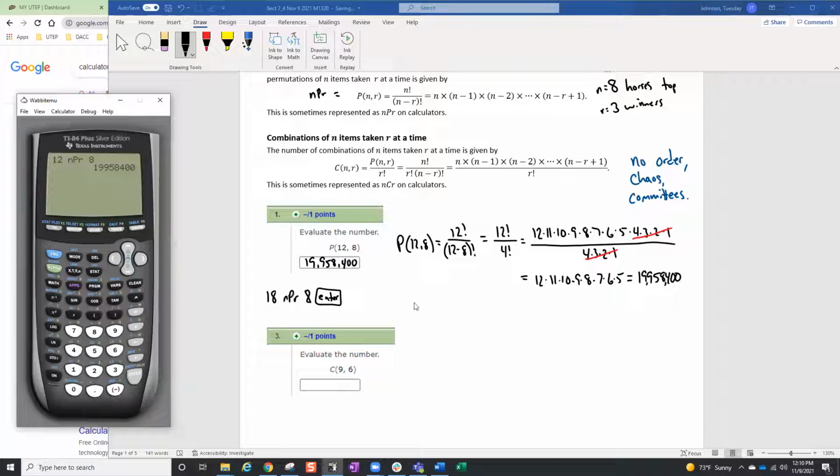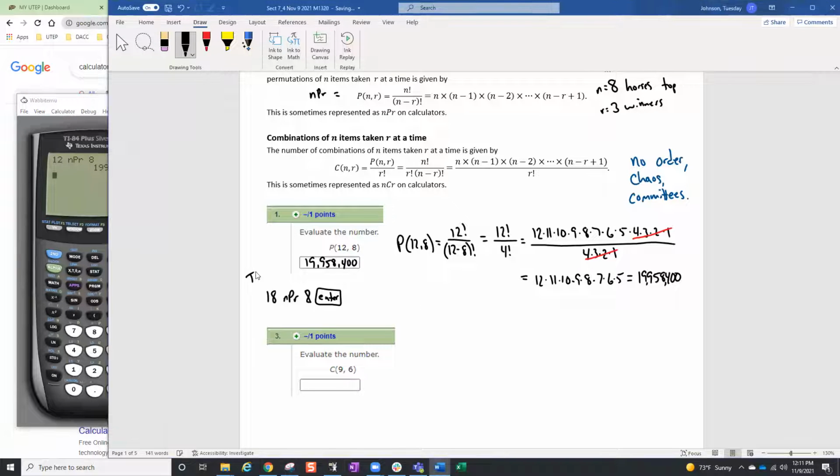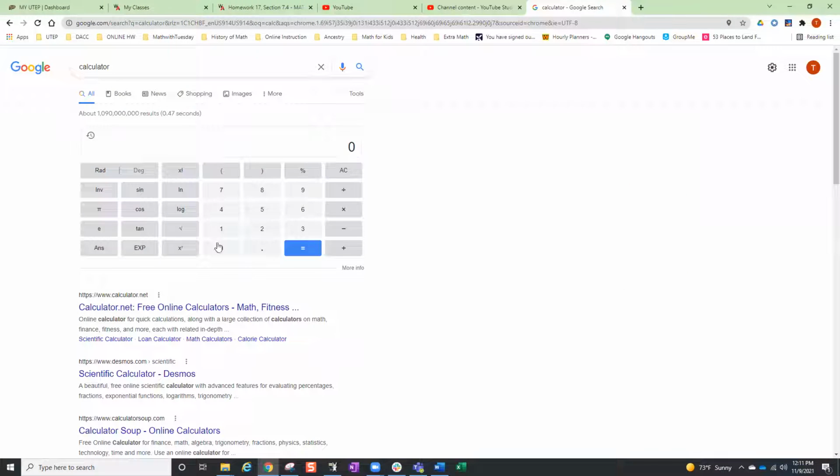All right, so this is our TI-84. 18. I don't know why I did 18. I really screwed that one up, didn't I? 12, 8. I put it in the calculator, right? That's the important thing. Here on Google, notice this factorial.